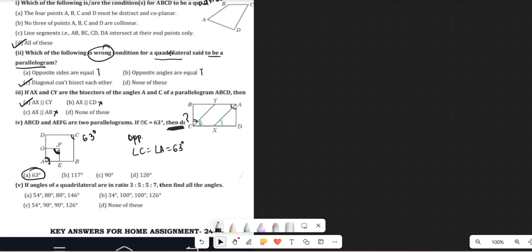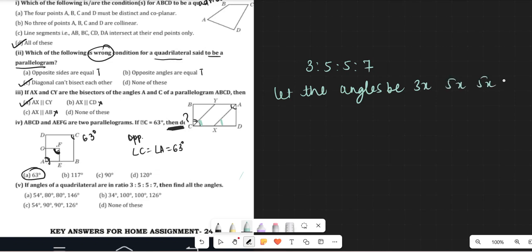And the last one says if the angles of a quadrilateral are in the ratio 3 is to 5 is to 5 is to 7, find all the angles. So I'll say let the angles be 3x, 5x, 5x, 7x, and by angle sum property of quadrilaterals, the sum of all angles of a quadrilateral is 360 degrees.